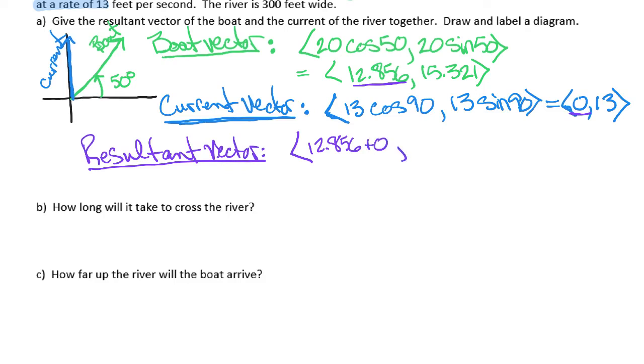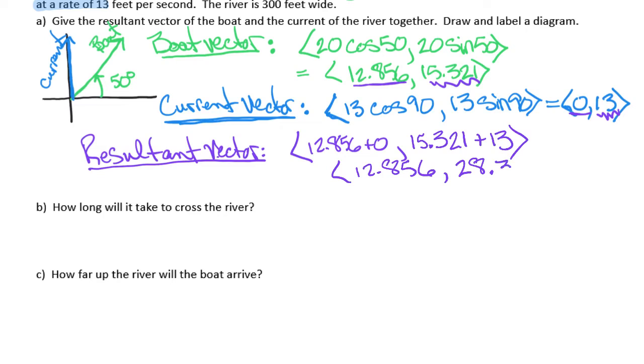And then we're going to do our y component, 15.321 plus 13. Okay, and so we get 12.856 and 28.321. So we have a resultant vector, and let's move on to part B.